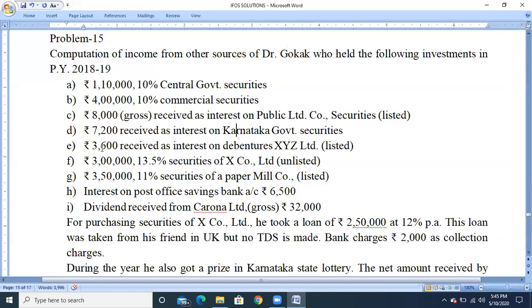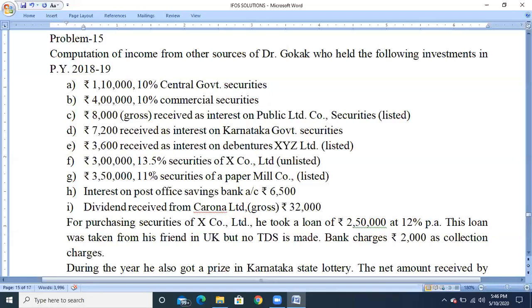So if they give the interest amount of commercial securities, then we need to do the gross up, whether it's listed or unlisted. Gross up will be done using the formula net amount into 100 divided by 100 minus tax rate. The tax rate for the interest on securities will be 10%. So 3,600 into 100 divided by 90.